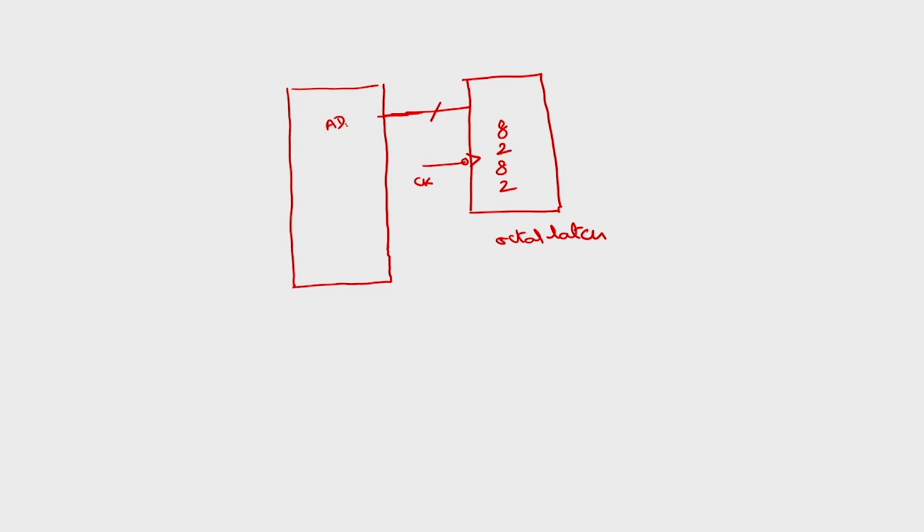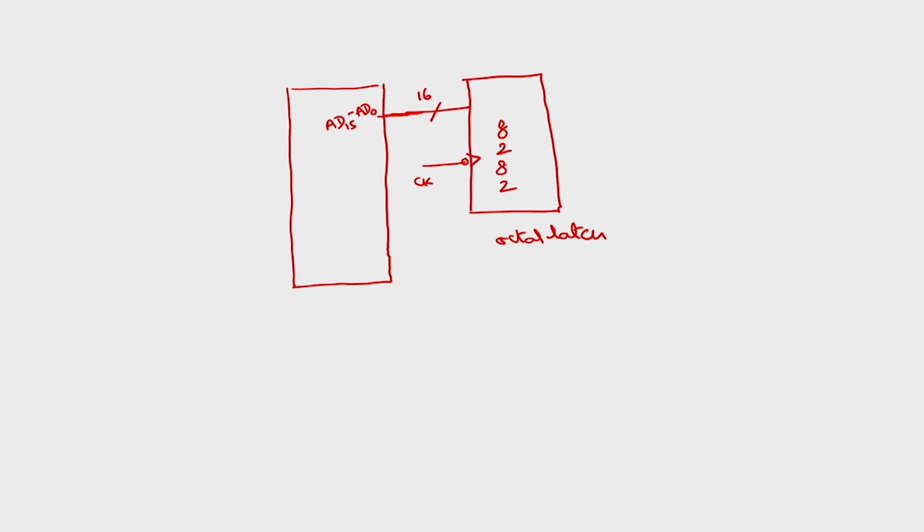This is AD15 to AD0. So total 16 means there are two 8282 chips here, and I am showing only a single one. Here I will show this as 16 lines.